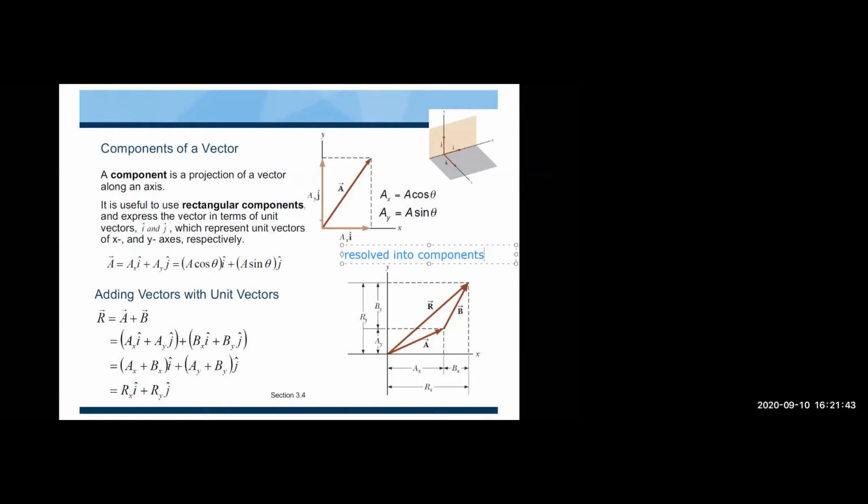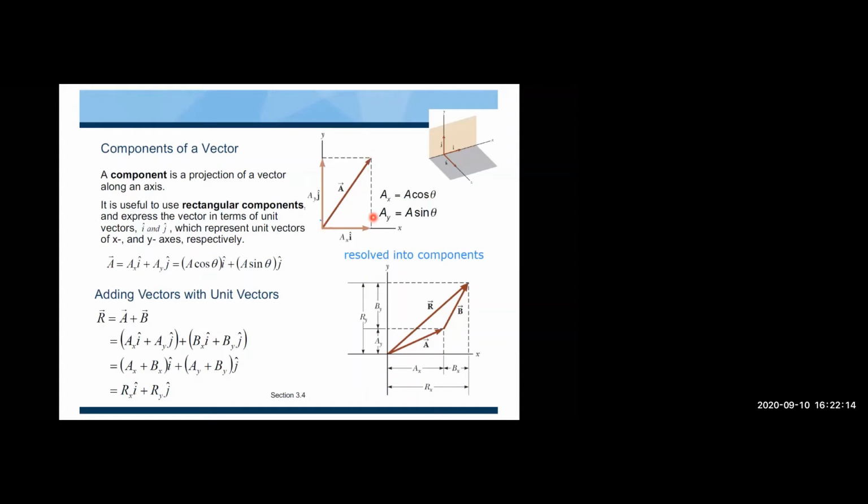When you add these X, Y, Z components together in the vector form, you would get back the original vector. So how does it work? Say at here, you have the A vector, and you put it on the X, Y coordinate system. Try to make good use of the X, Y coordinate system. Put that tail of the vector at the origin. So in this way, it is very easy.